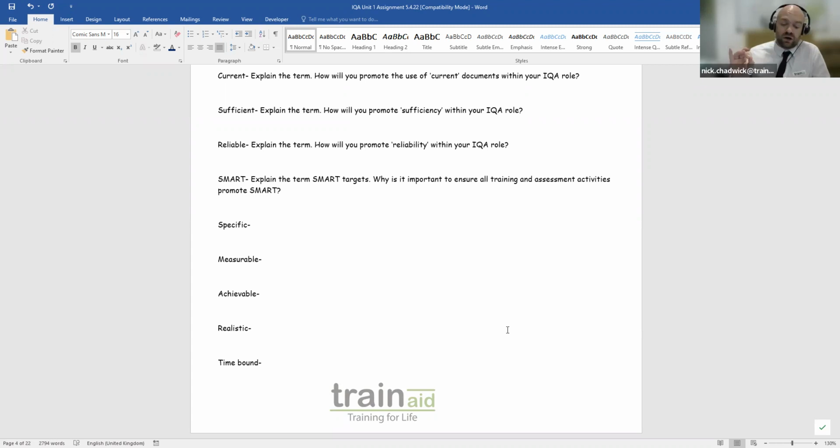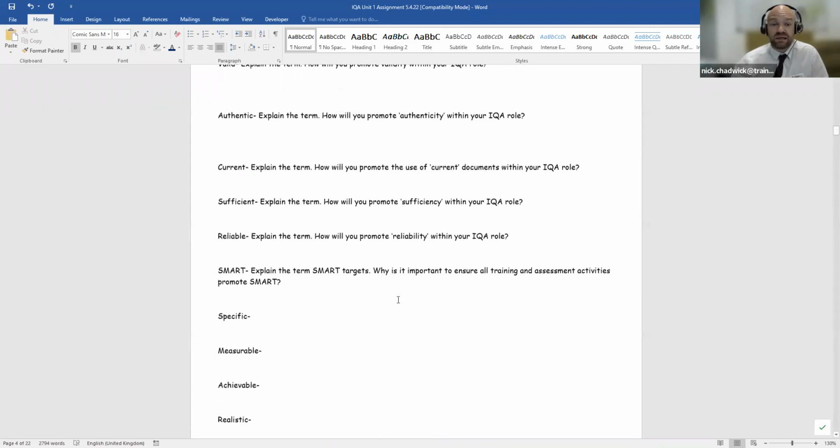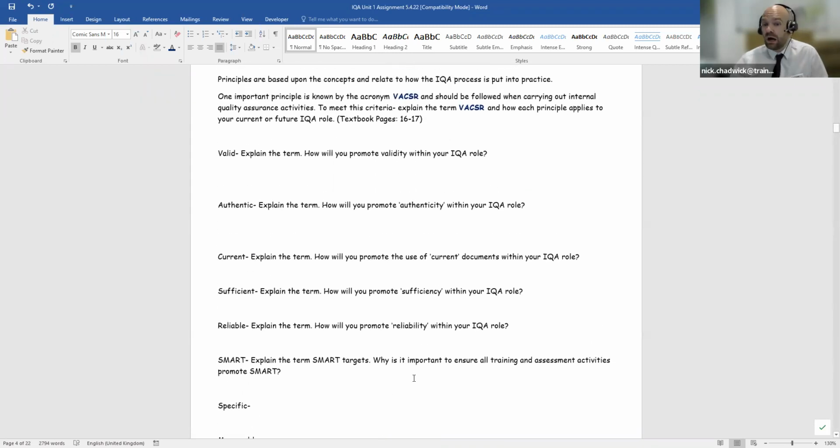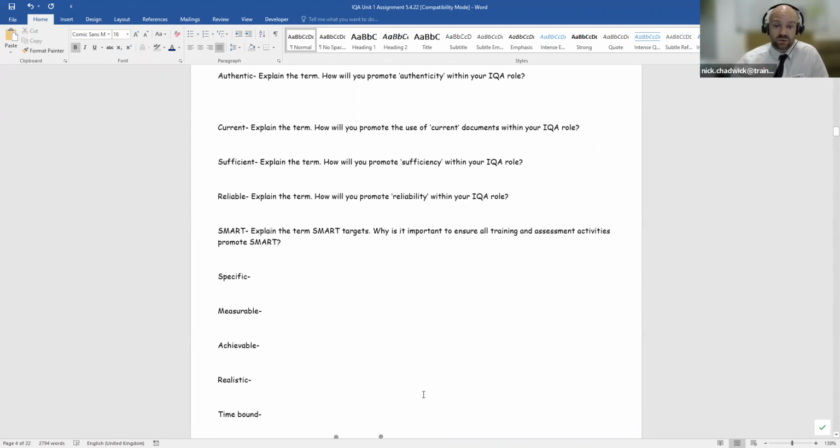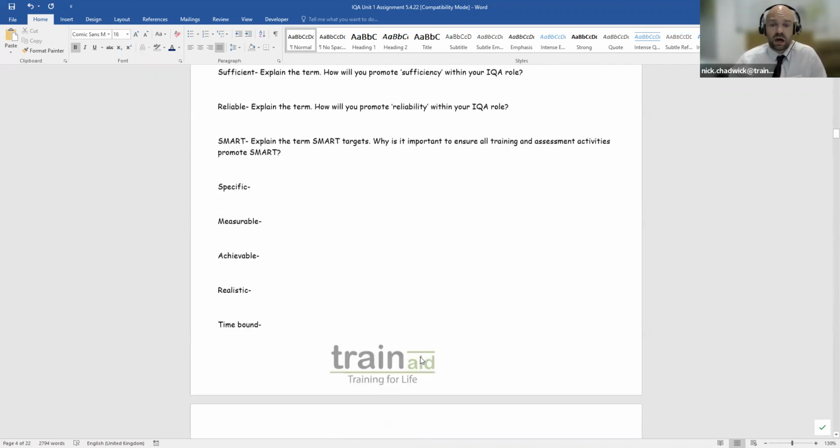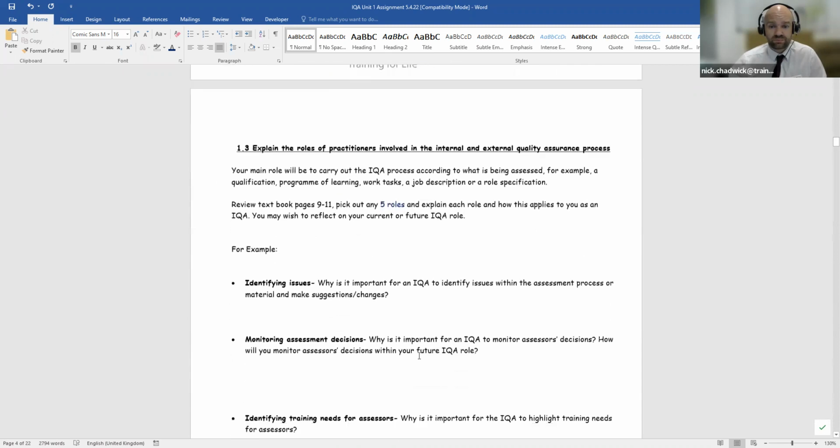By providing SMART targets, you can ensure that all assessors know what their strengths are and also areas for development, so you can provide them with tangible targets there. So please do explain VACSR just very briefly, and also the concept of SMART targets. Have a look on page 17 for more information there.